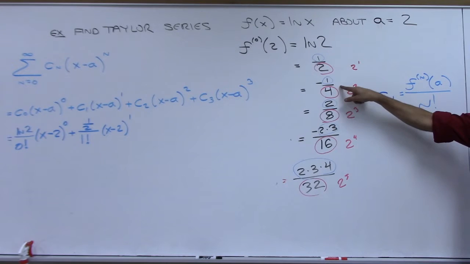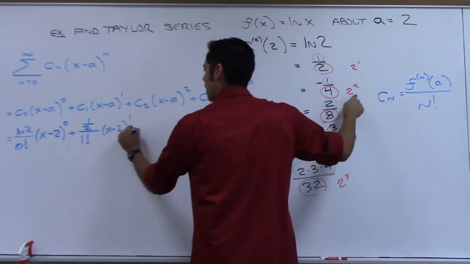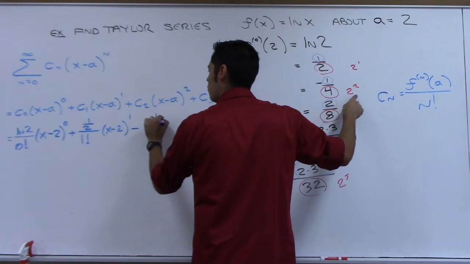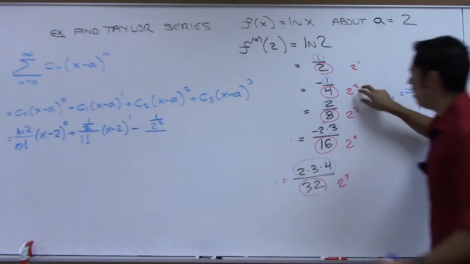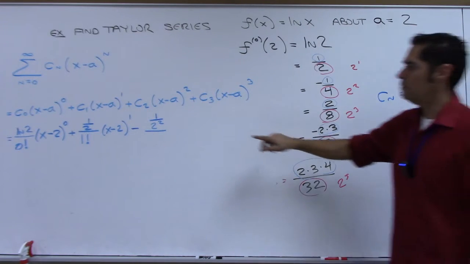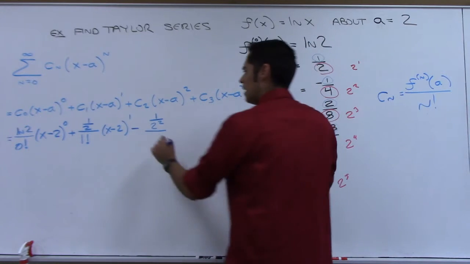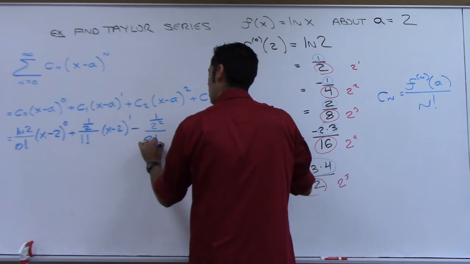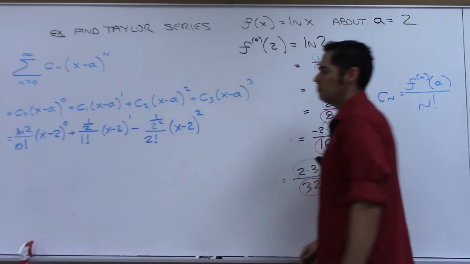Negative 1/4, right? I'm going to write it, though, like this. Negative, instead of 1/4, 1 over 2 squared, because that's where I'm picking up that power pattern. 1 over 2 squared, and then over what factorial? Where am I at? 2 factorial? x minus 2 to the second.